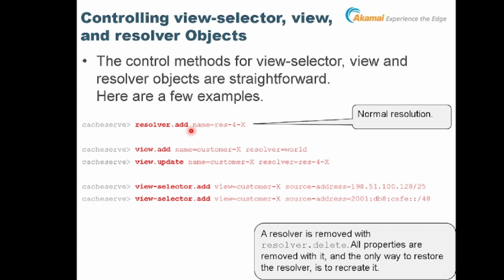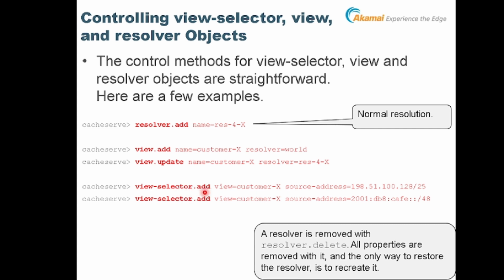So that's a resolver. Now I could add a view that points to the world resolver, or I could change that if I later say, oh, I don't want to point it to the world resolver. I'm going to point customer X to the resolver for X. So I can modify these things the same way that you would modify any object that we've seen with the Akamai software.